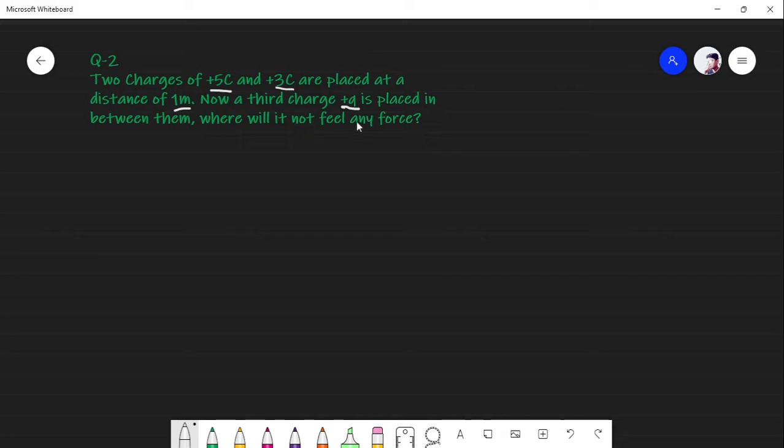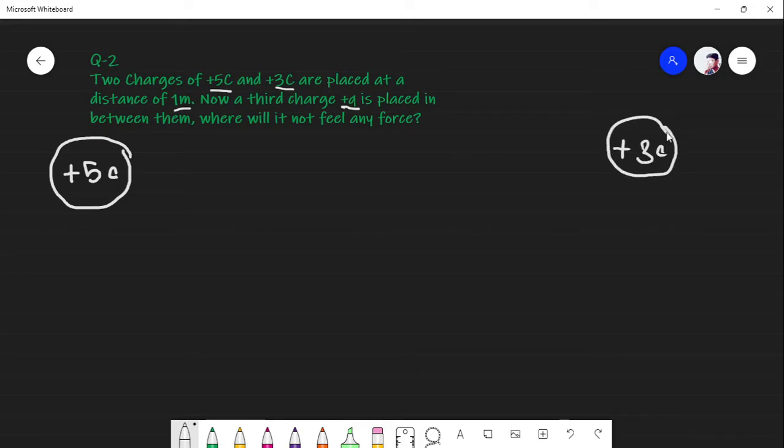So this means that, okay, let's draw things here. So this is the +5 Coulomb charged particle, and this is the +3 Coulomb charged particle, and the distance between them is 1 meter.